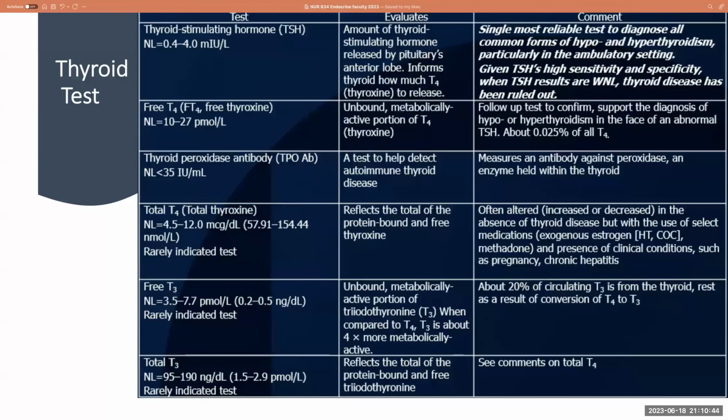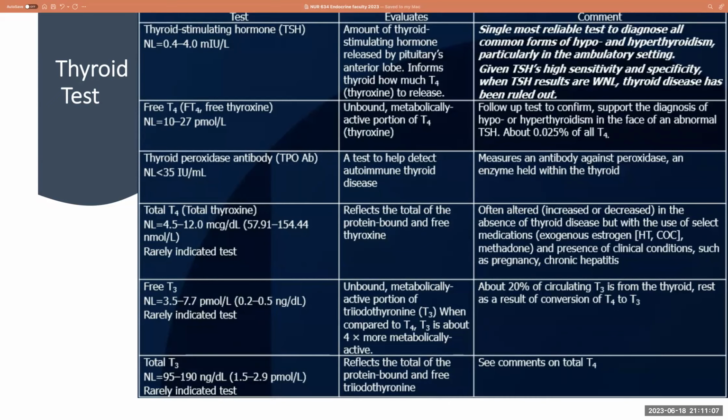For the most part, the TSH is going to really tell you what's going on. Once you get your TSH and you start treating different things, that's your main thing. There often is not a need for further testing. However, a free T4 can be very useful.